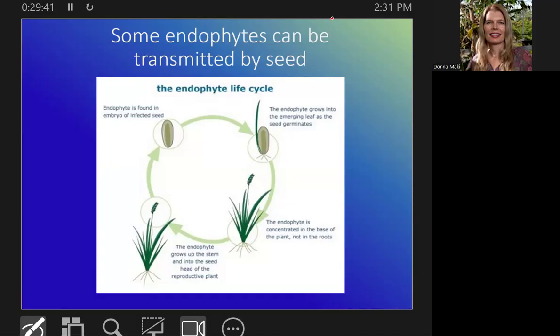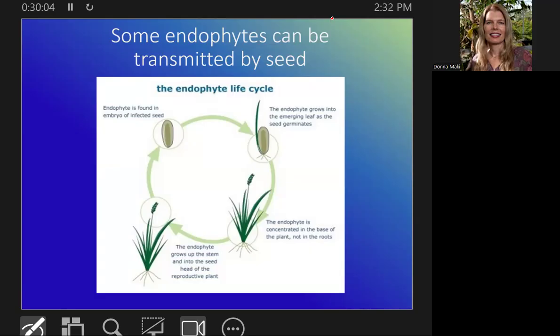So this has led to some interesting questions on, when you buy seeds, sometimes they'll tell you to surface sterilize the seeds. And although the surface microbes aren't endophytes, and granted, some of those surface microbes might be pathogenic, but that's fairly rare.